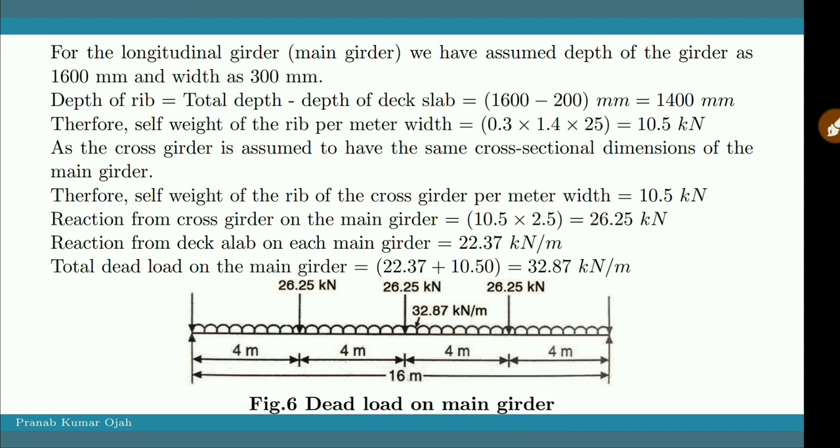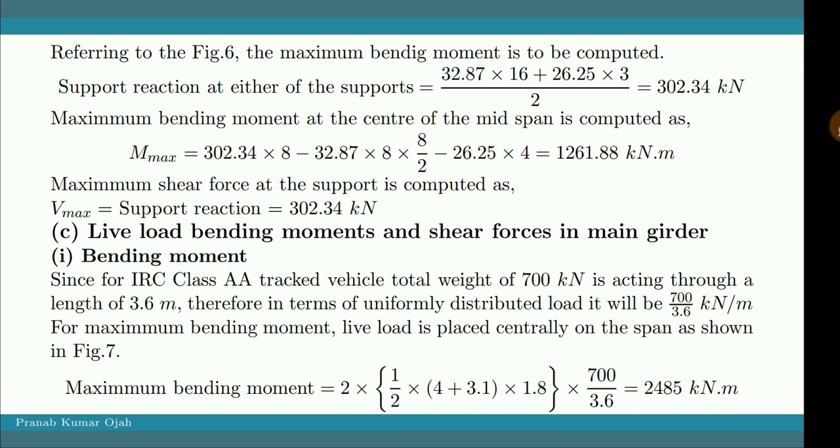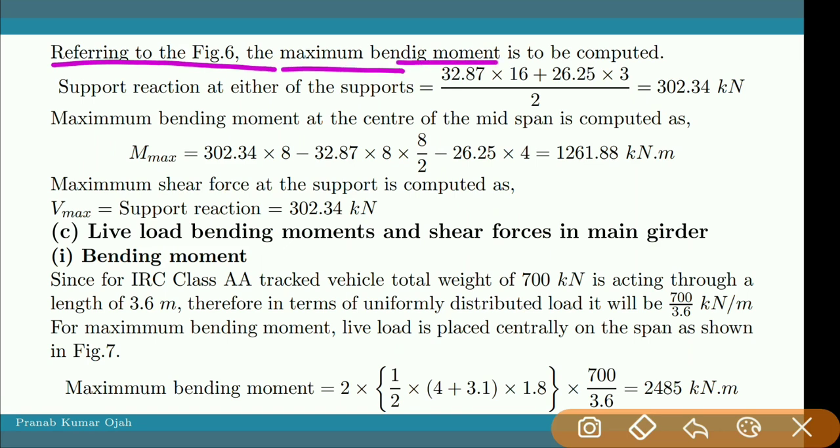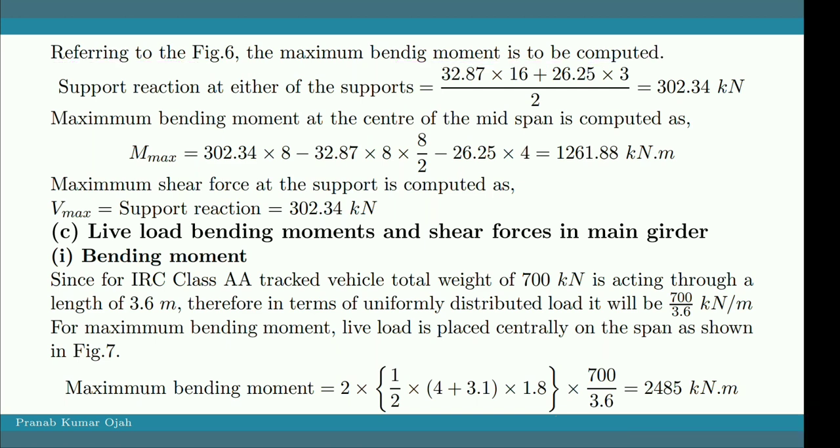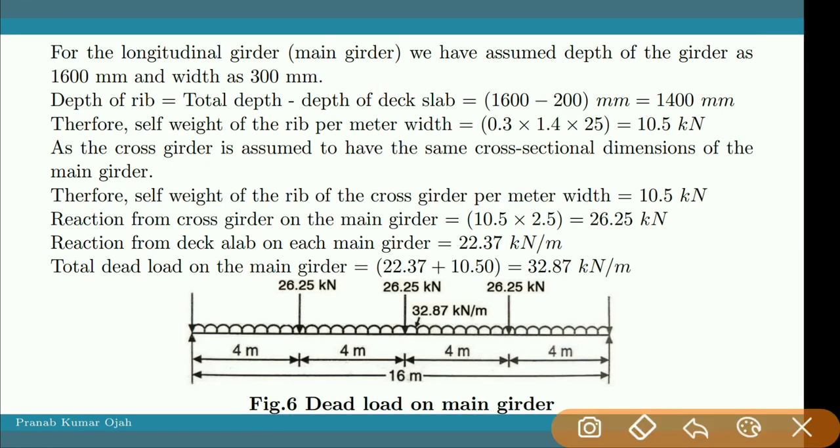Based on this, we have to calculate the maximum bending moment and shear forces. Referring to figure 6, the maximum bending moment is to be computed. For this system, first of all I will calculate the support reactions. These are two supports.